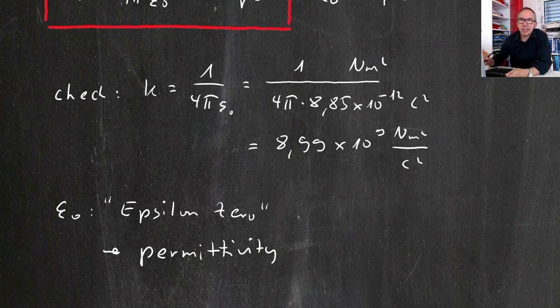Although no one actually uses that word, so everyone is speaking about the epsilon 0 here. As I said, nothing to worry about, just a second version, and we will see later why it makes sense to use this second version in some cases.